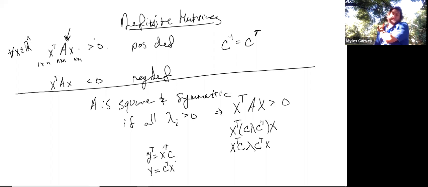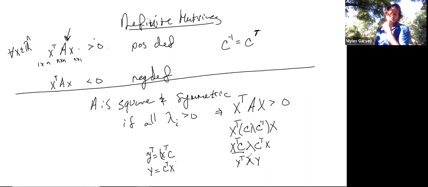Because remember, the transpose of this is just the transpose of this over here, and the transpose of that over here, and the transpose of the transpose is just the original matrix. So we get this quantity, which means we have two quantities to replace here. This is just y transpose lambda, and then this is just y, as we can see here.